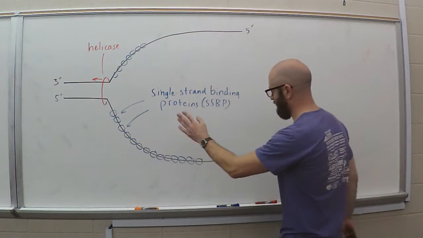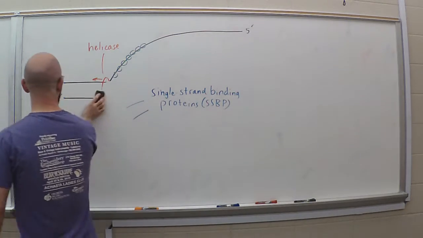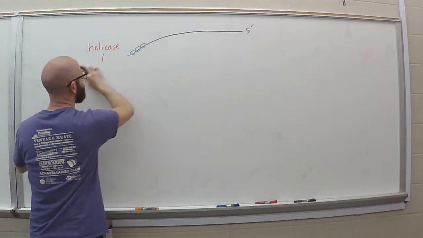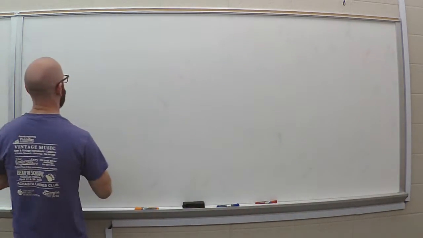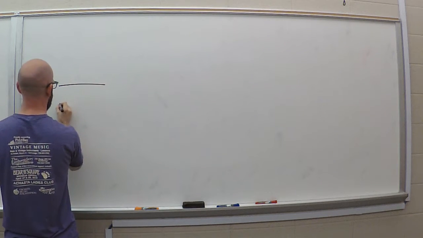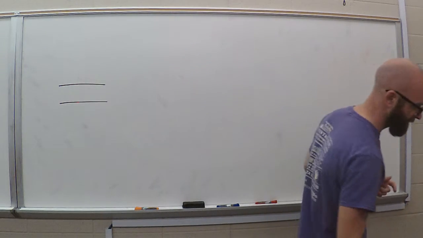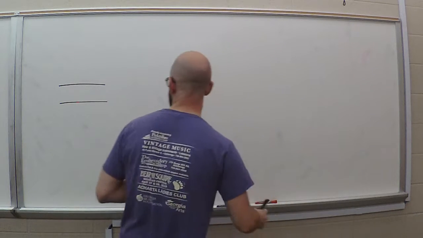So I'm going to erase this and rewrite it. And we're going to talk about the next step, which is replication. So I'm going to throw my replication fork back up on the board. And what did I put on top? I put 3' on top? Yes.